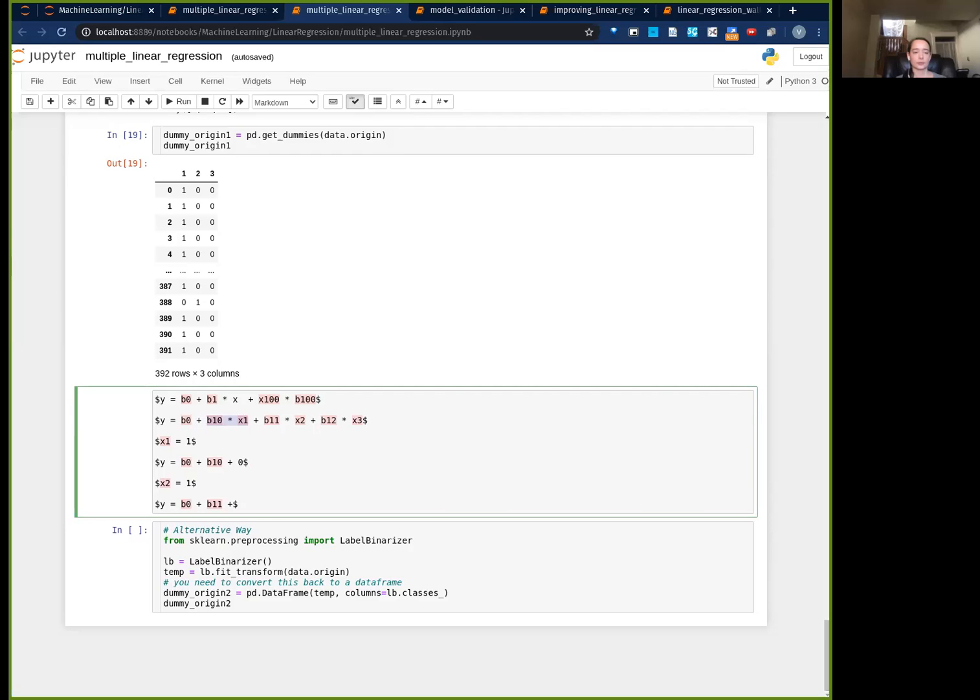But since x1 can only be either 1 or 0, it essentially just makes it go up or down. So you can think of it as not really having a slope. You can think of all the categorical variables as grouped together as how we change the y-intercept, and then there are all the other features that can change continuously.